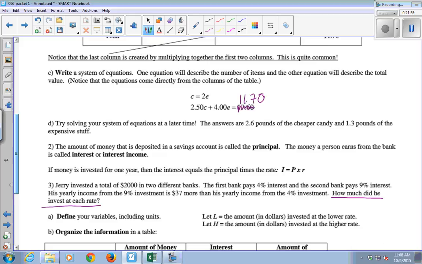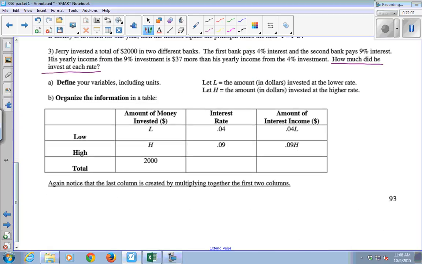And then my other equation comes from this sentence. His yearly income from 9% is $37 more than his yearly income from the 4%. So this is my income column. Those are the expressions I'm going to use to translate that sentence into an equation, into mathematical symbols.